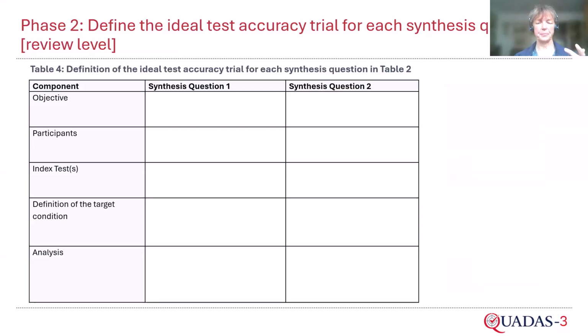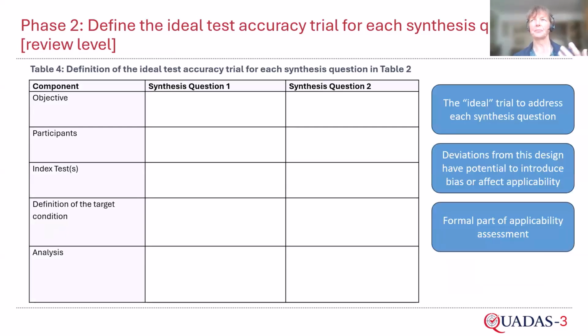It's laid out in different sections, and again, we'll see as we go through QUADAS, these sections of participants, index test, definition of target condition, and analysis are the four structured parts of the domains in QUADAS-3. And so when you're defining the ideal trial, you're defining it around those domains of QUADAS-3. And then when you're actually looking at your real studies, for each domain, you can go back and look at what you've defined in your ideal trial.